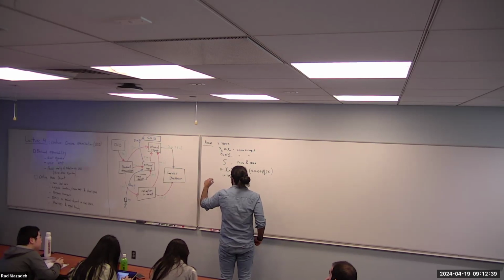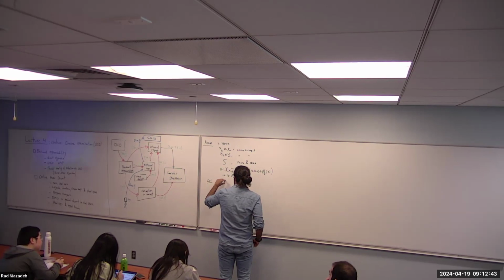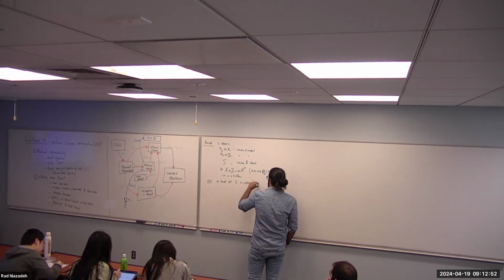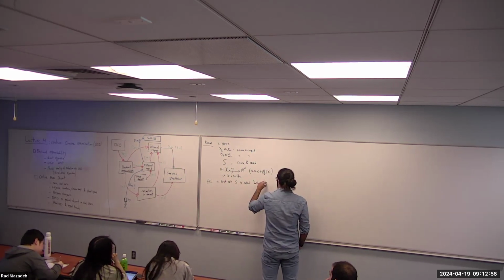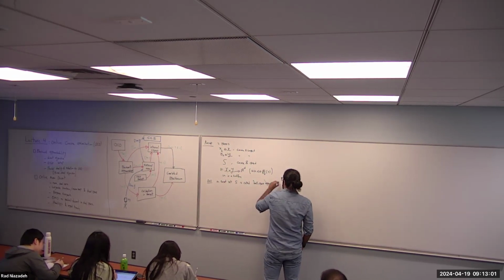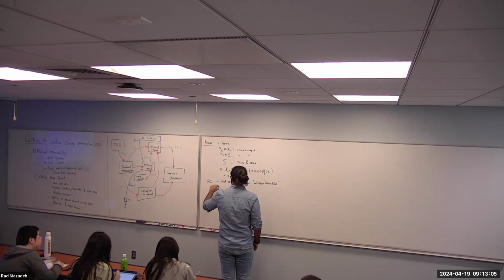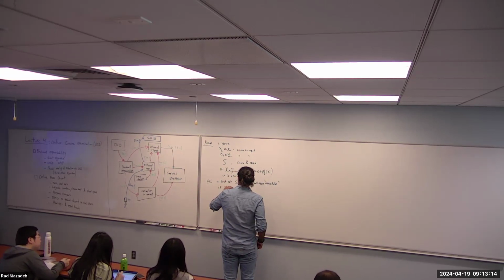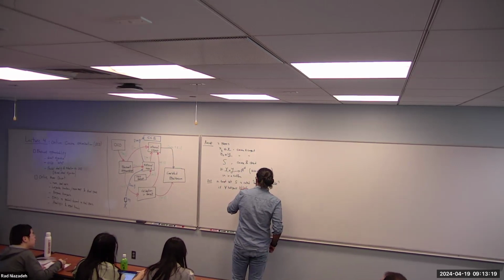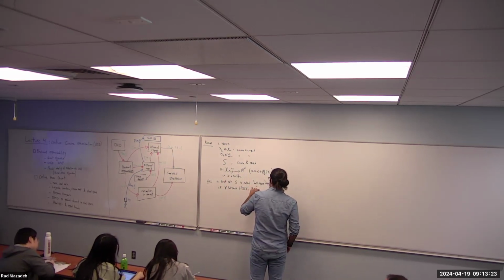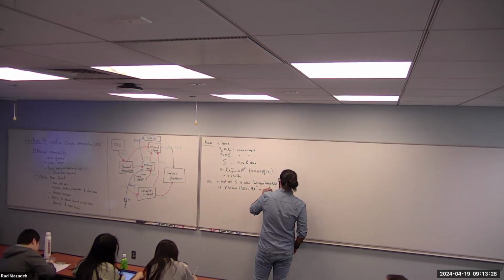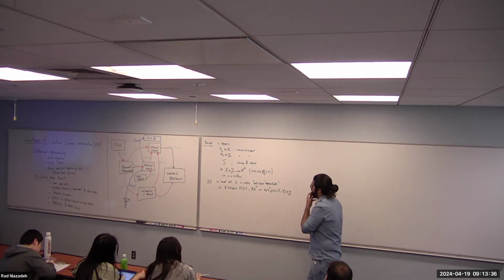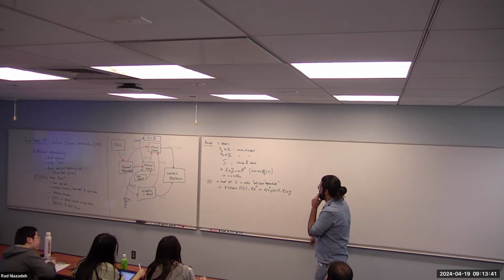Definition: target set S is called half-space approachable if for every half-space H containing S, there exists a strategy, I'm going to call it x^H, such that the utility of x^H and y is always in H, regardless of what the adversary, regardless of what player two does. This is what we call half-space approachable.